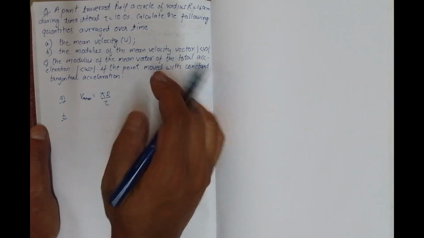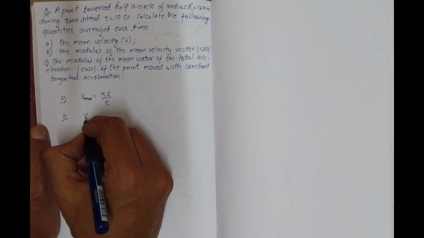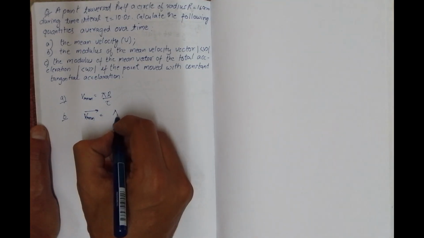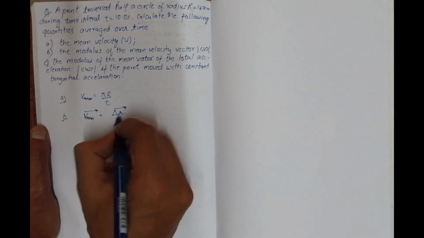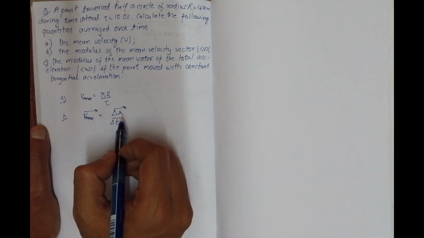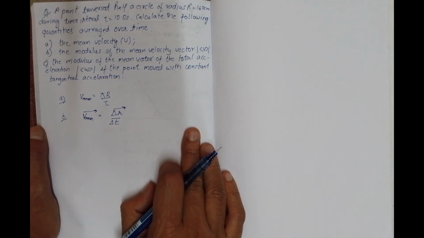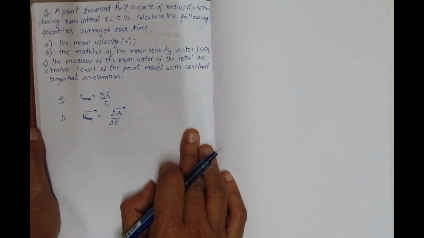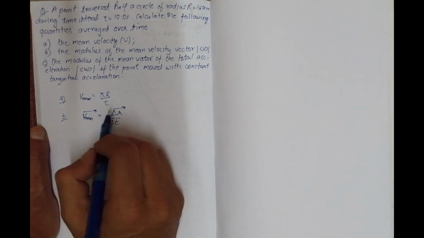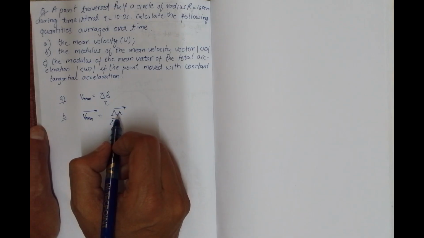Now the mean velocity vector basically means that you're talking about a vector which is basically equal to delta r by t. So what it basically means is that if for a certain duration you want to find out the modulus of the mean velocity vector, you have to find out the change in the r vector and in how much time that change has taken place.